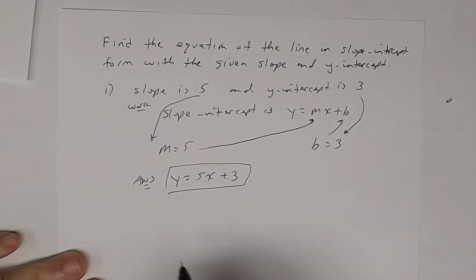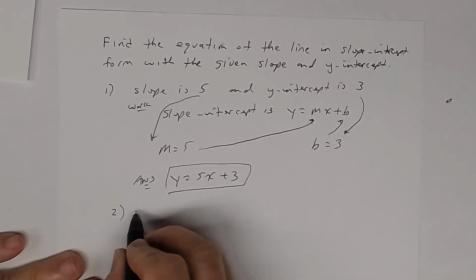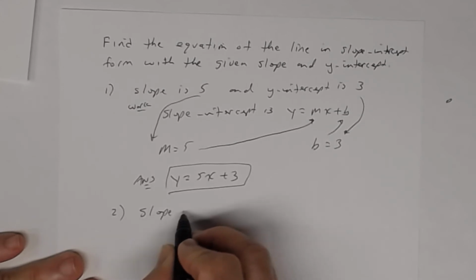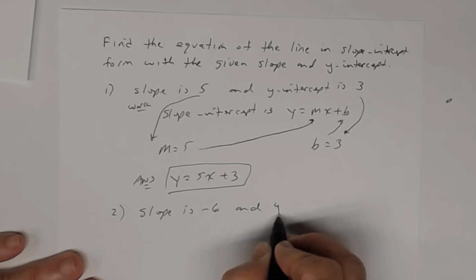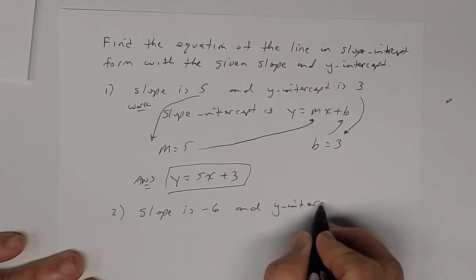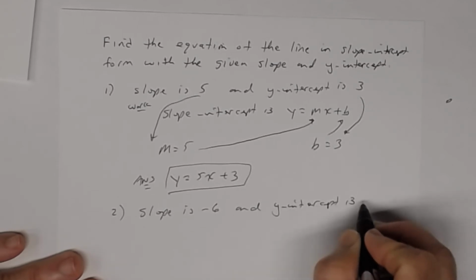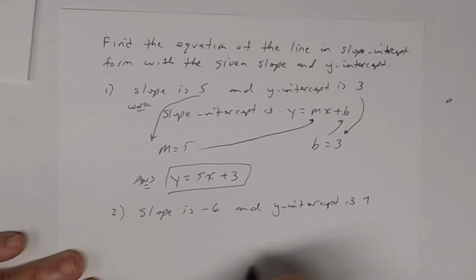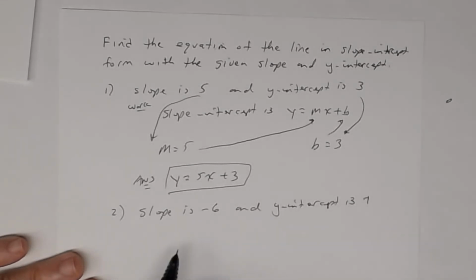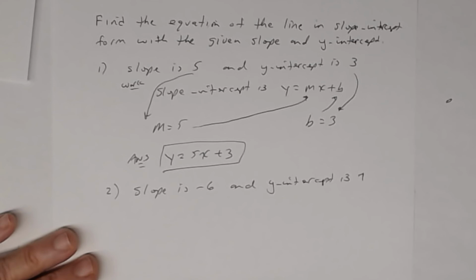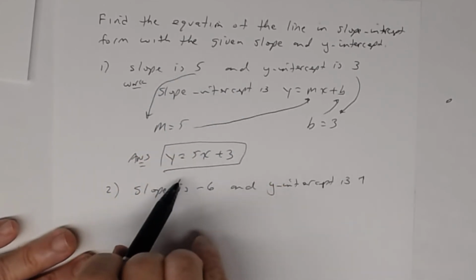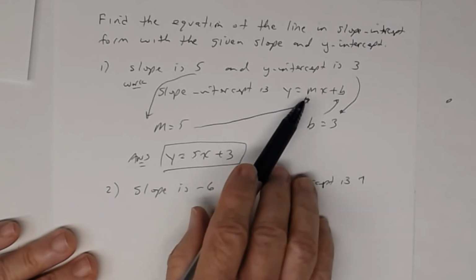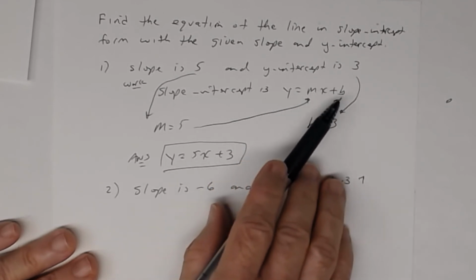Number 2. This time, let's say the slope is -6, and the y-intercept is, let's say, 7. You want the equation in slope-intercept form. In order to write it, you have to know the slope and the y-intercept.